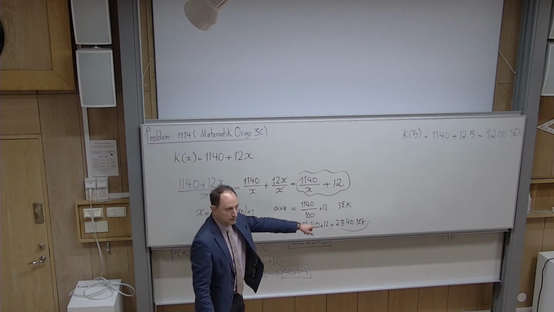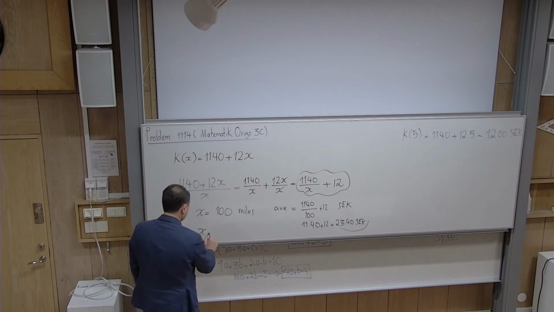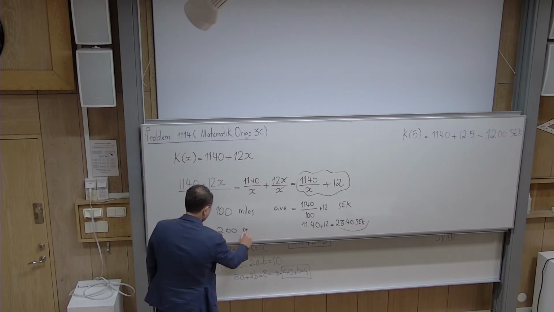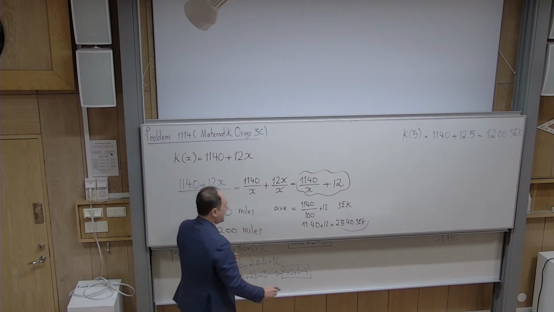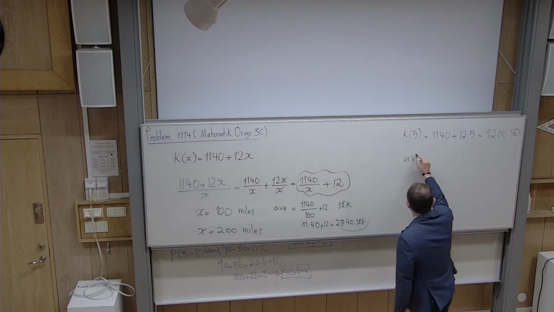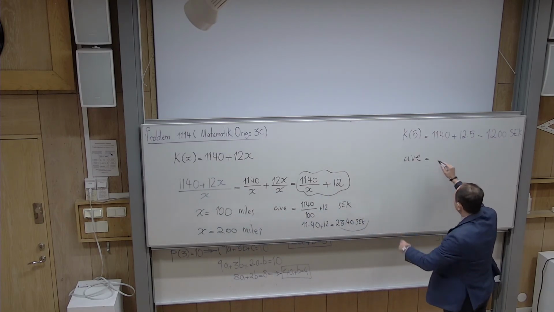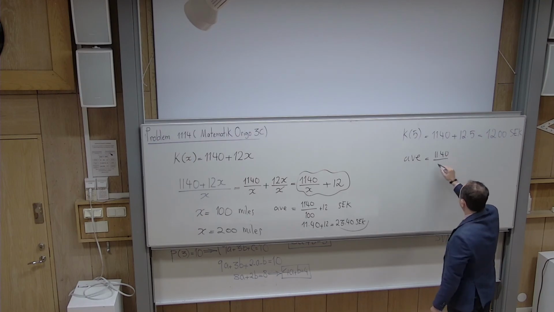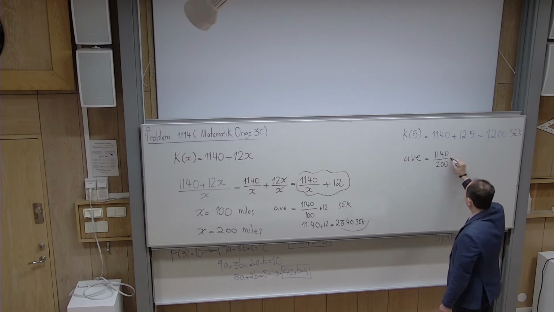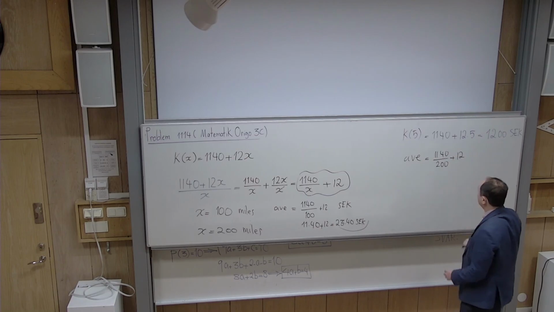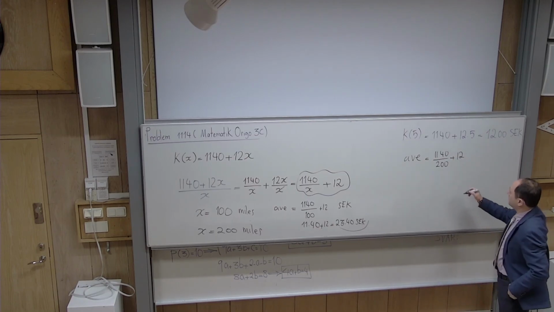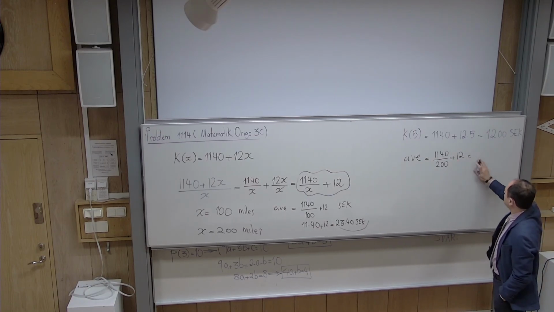But if I drive 200 miles, what happens for the average? The average becomes less. It becomes 1,140 over 200 and then plus 12. So can you calculate this for me? Divide this by that. Do you remember how much it was, Abdirahman?